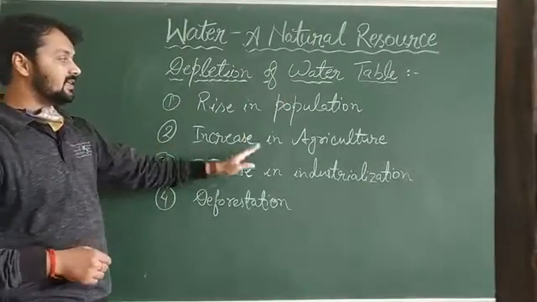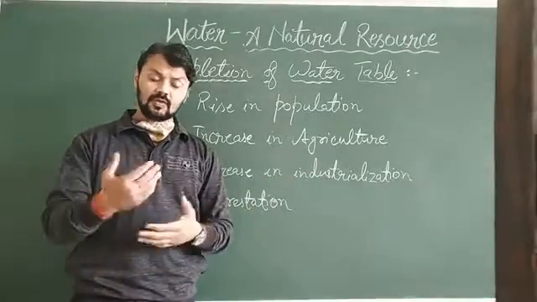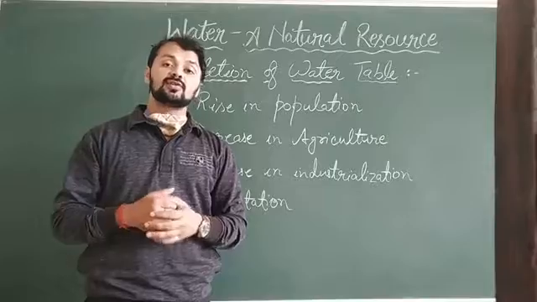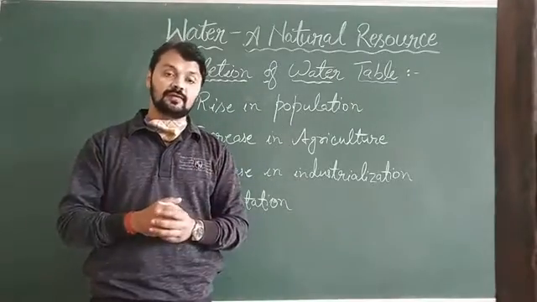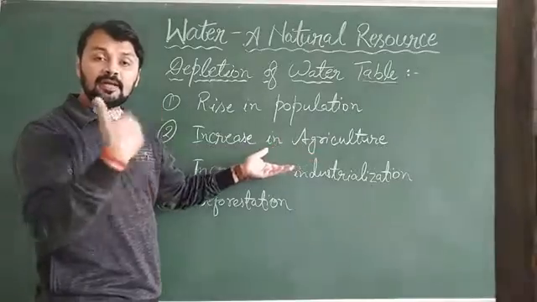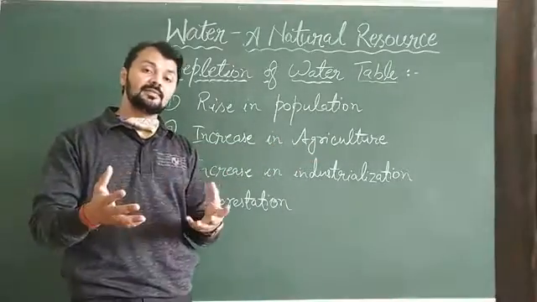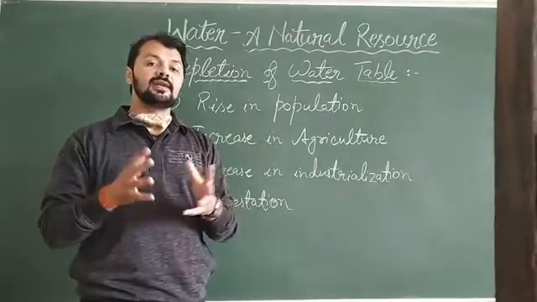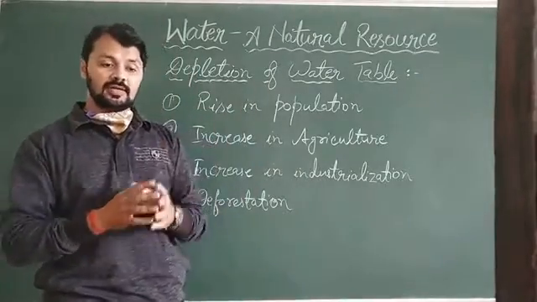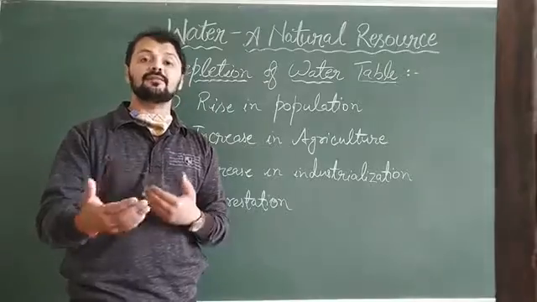The second is increase in agriculture. When the number of people is increasing, the agriculture need is also increasing. Everybody requires to be fed, so agriculture is also required to be done in more amount. The farmers in India are dependent on rainwater, but rain does not come at a proper interval of time.